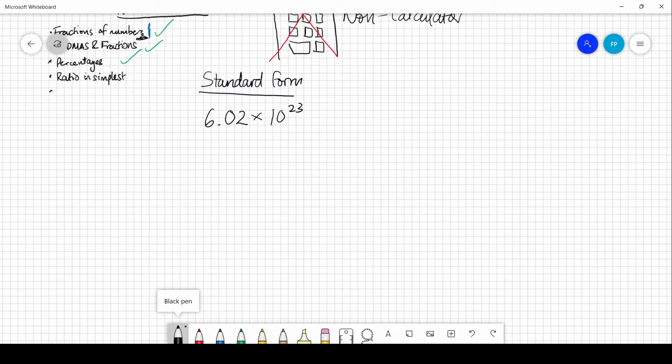So if you were to write this out in ordinary form with so many zeros, how would we write it? So first, we could write 6.02 here, and then we'll shift this decimal point 23 places to the right. So we'll get 1, 2, and then we'll have 21 zeros.